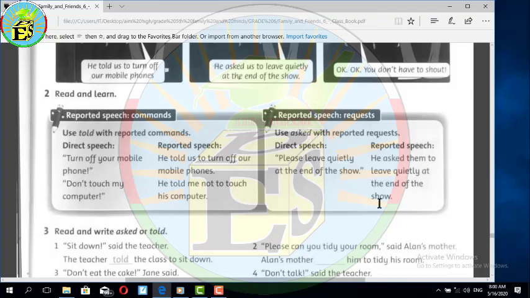So the only difference between commands and requests is the verb of saying: told with commands, asked with requests. Okay, understand?